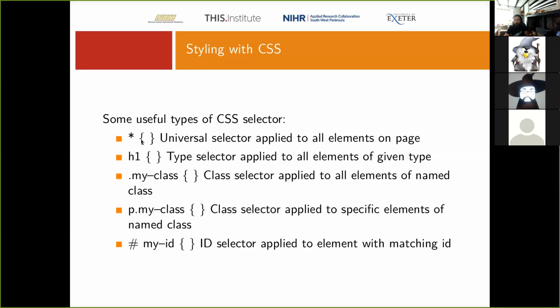So the asterisk. The type selector is applied to all elements of a given type, for example H1, which is header size 1, and you just put the element name for that one.